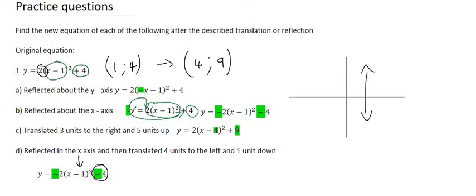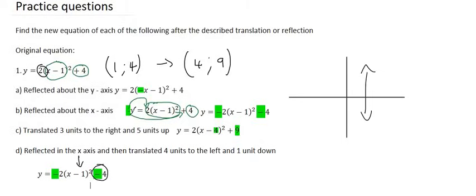So imagine you are 1 unit to the right, and then you move 4 units to the left. Well, then you're going to end up at minus 3 on the x and y diagram. So if your turning point x value is at minus 3, what would that have to say in brackets? Well, that would have to be x plus 3.